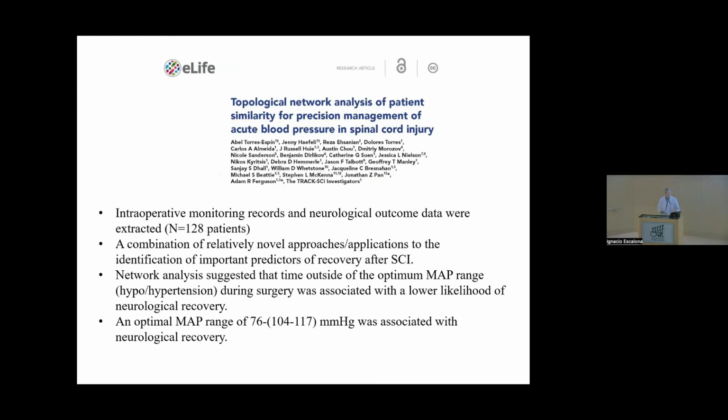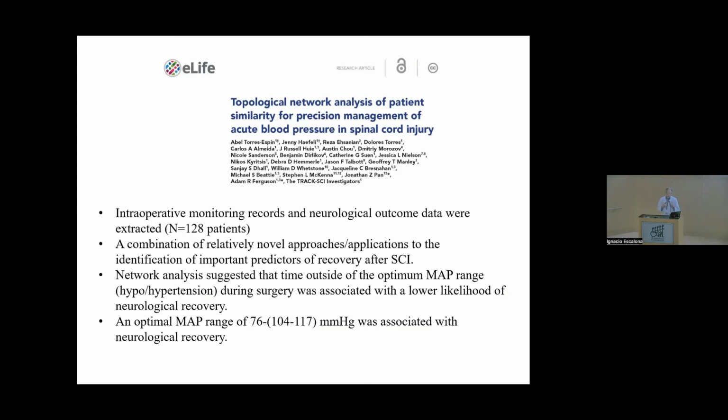They've done intraoperative monitoring records, and neurological outcome data were extracted from 128 patients. They looked at machine learning, big data, novel approaches, identification of the importance of predictors and recovery after SCI. Network analysis suggested the time outside the optimal mean arterial blood pressure, hypotension or hypertension. I always knew hypotension was bad because we've been doing that for years in TBI and stroke.